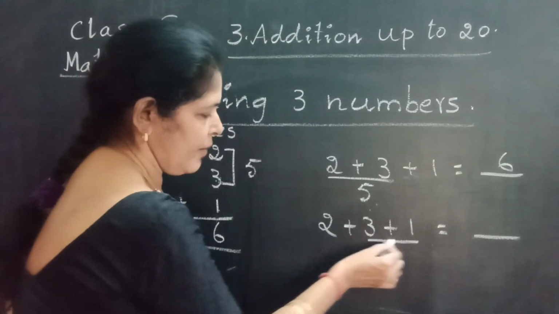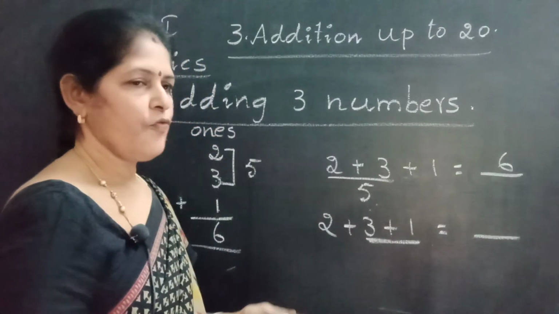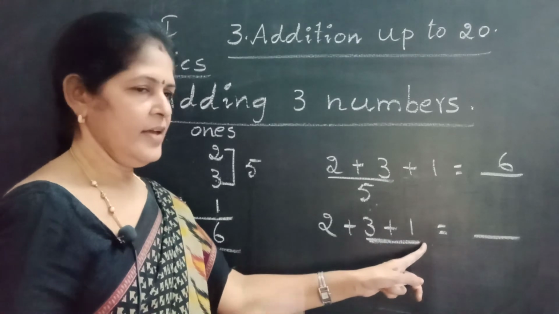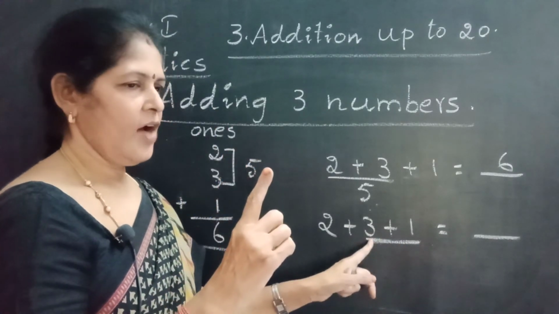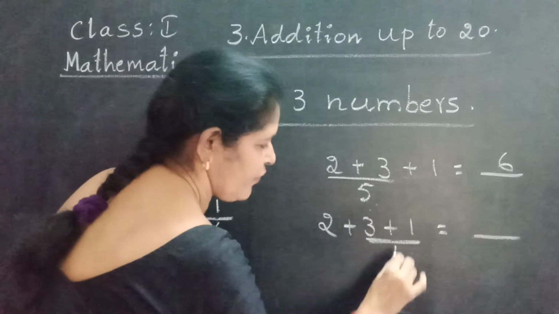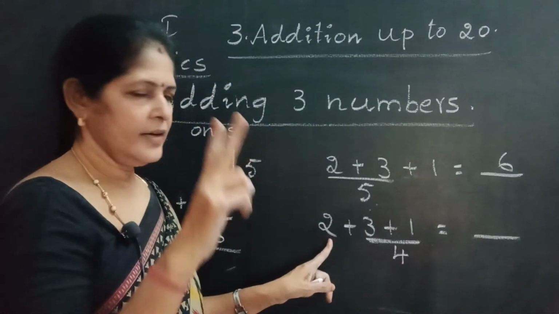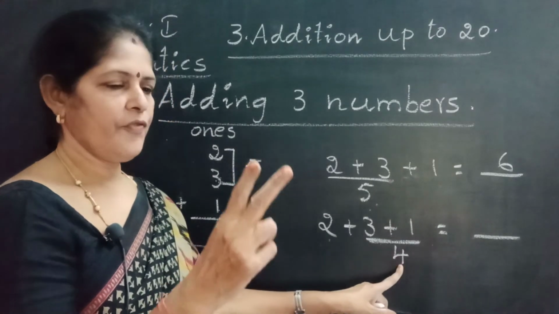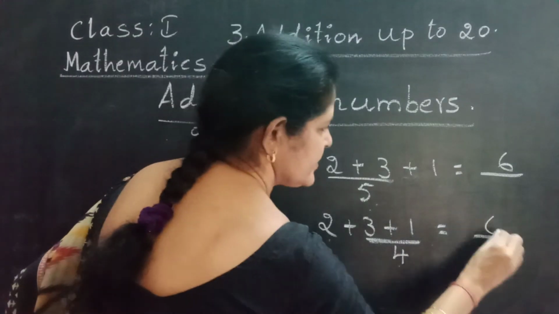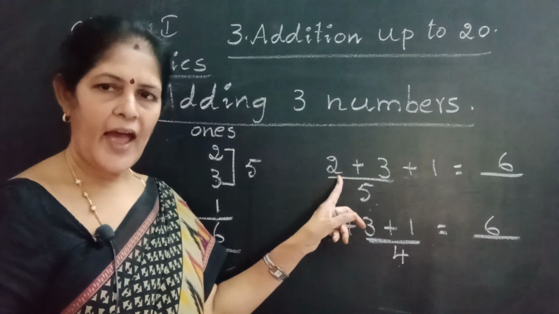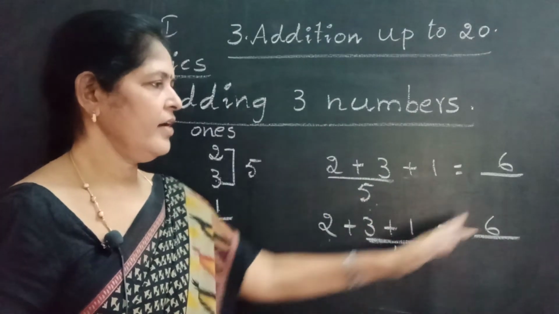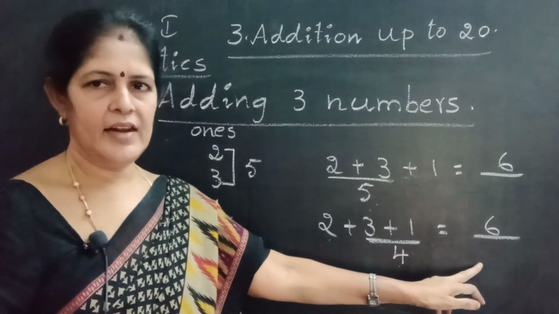First add these 2 numbers. 3 plus 1. Take 1 finger. 3 after: 4. 3 plus 1, 4. 4 in the mind. Take 2 fingers. 4 after: 5, 6. We can add numbers in any order. We get the same total.